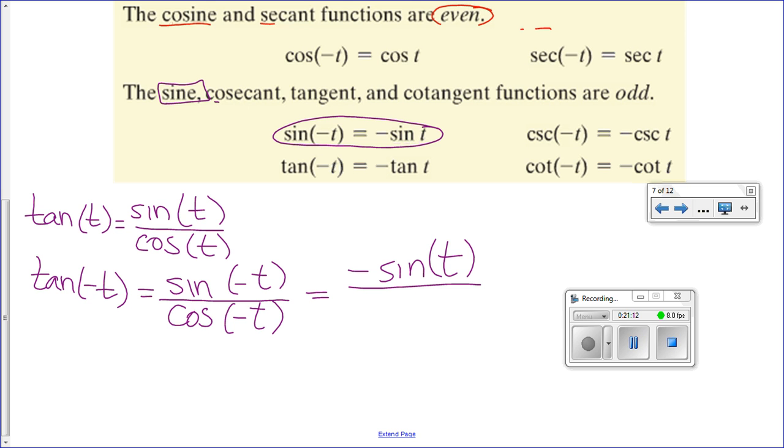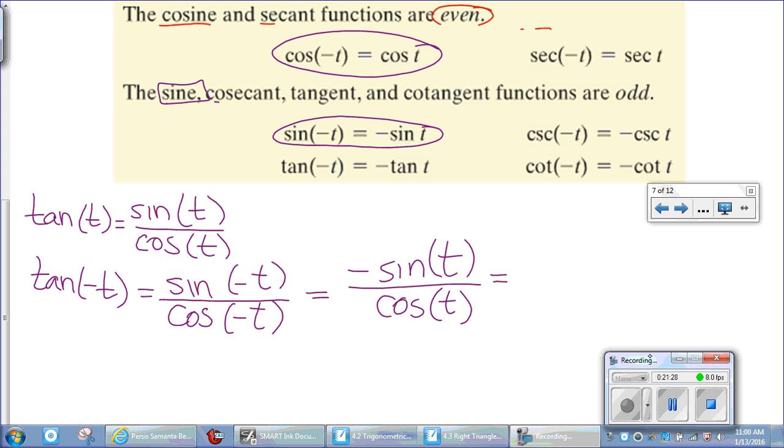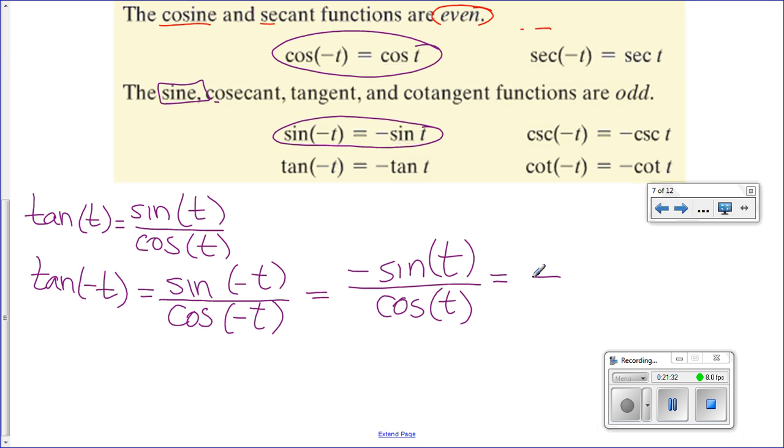Okay, by this table, again, what does the cosine of negative t equal to? Cosine of t, right here. So, what we get from here is negative, what is sine over cosine? Tangent of t.